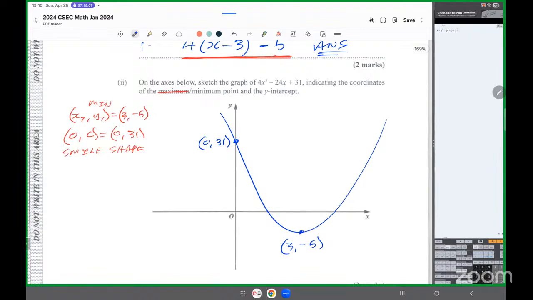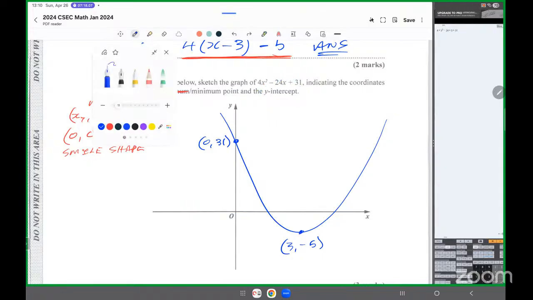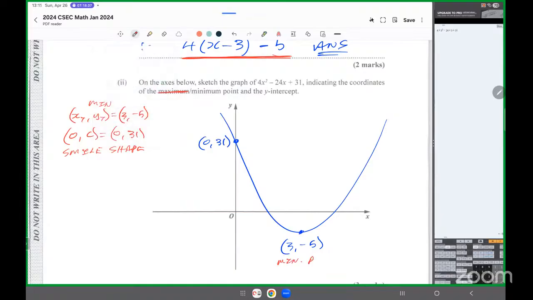So this is the minimum point, and this is the y-intercept. And that's a sketch of the graph.